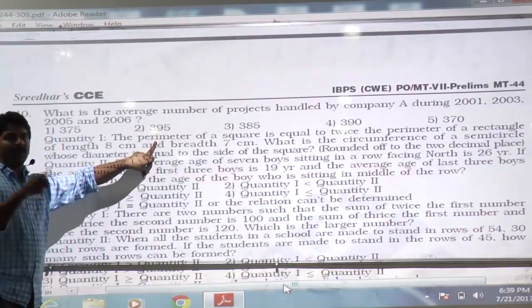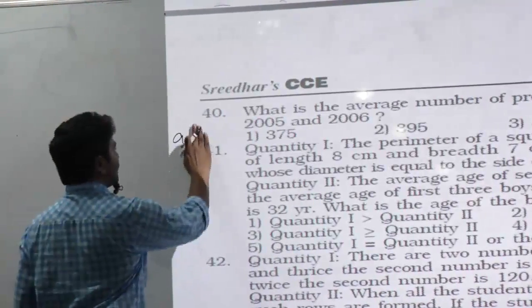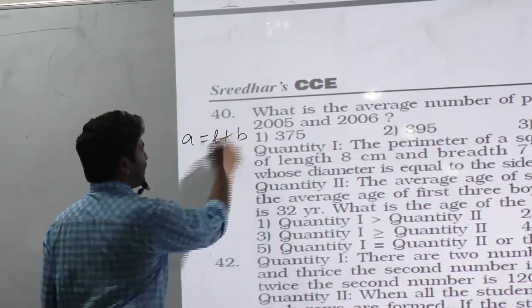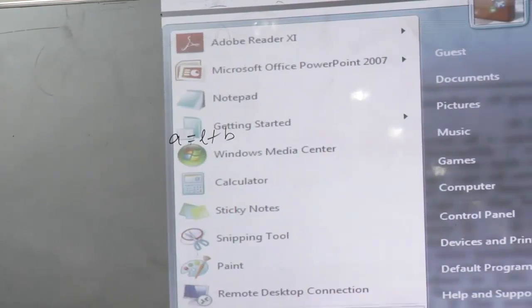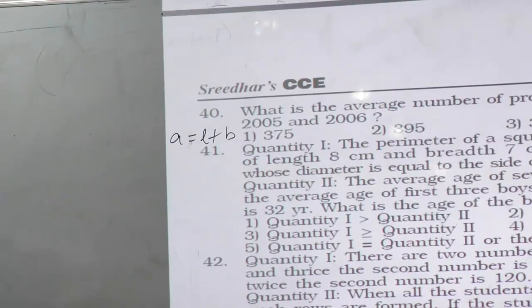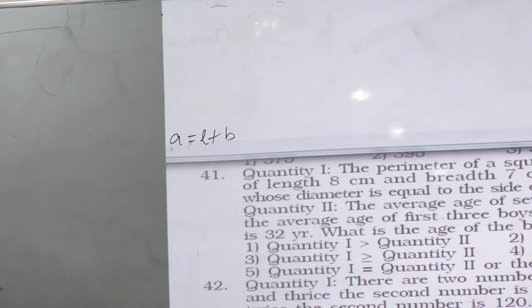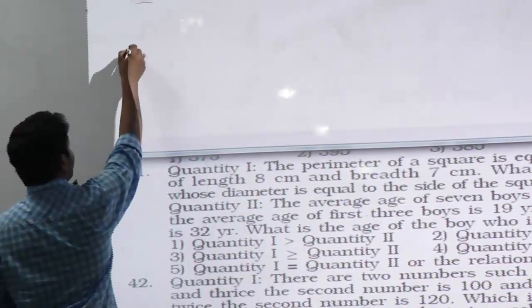Perimeter of square is 4a. 4a is equal to 4 into a plus b, so a is equal to l plus b. You are given length and breadth of rectangle, 7 and 8. So side of the square is equal to 8 plus 7, which is 15.